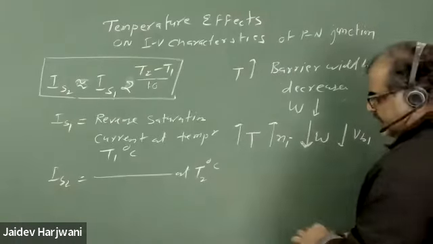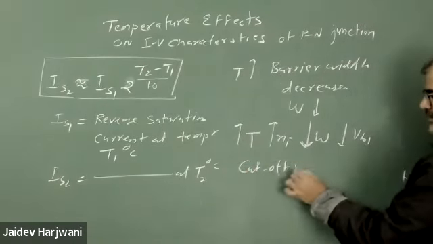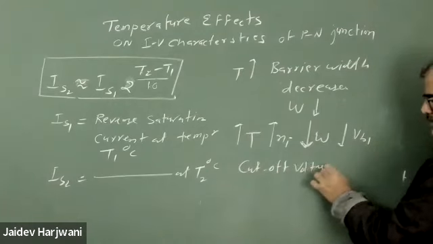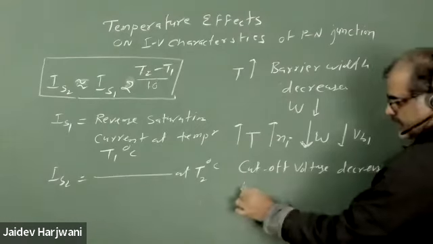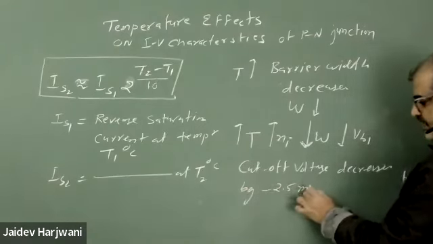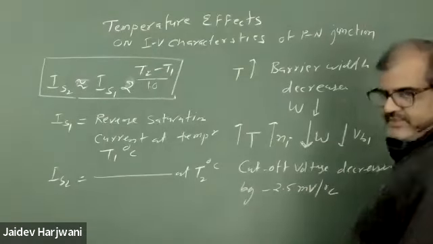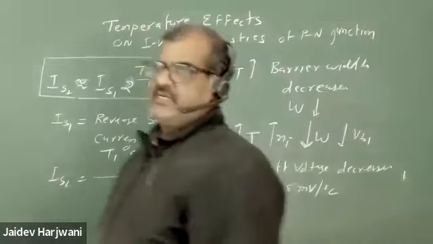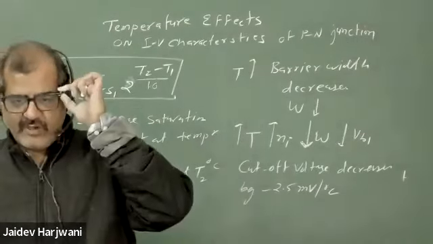So we can write cutoff voltage decreases by minus 2.5 millivolt per degree centigrade. As you increase the temperature, suppose you have 0.7 volt, so silicon cutoff voltage is 700 millivolt.